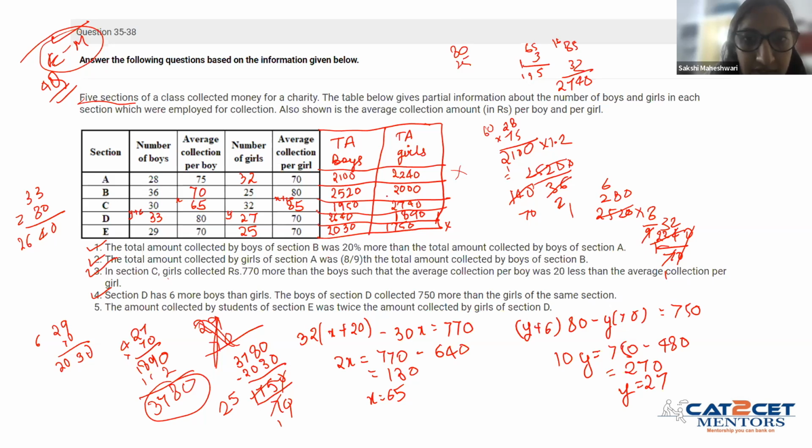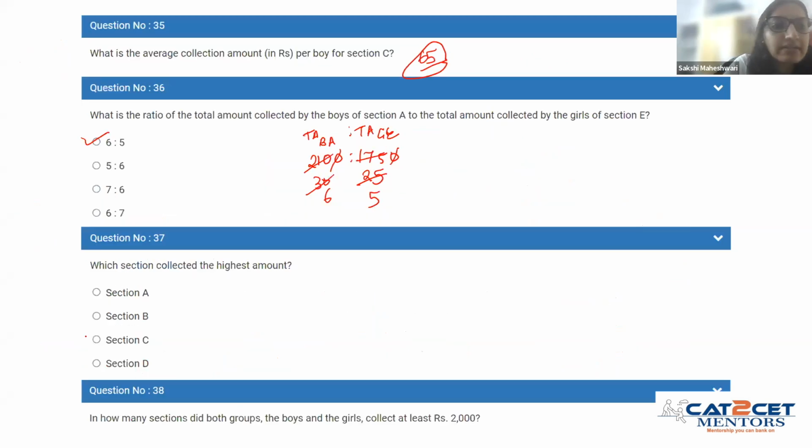So D is more. That means B is out. Now we have C and D. If we compare these two, C is greater. You can easily see this 2740 is greater than 2640, and this 1950 is also greater than 1890. So C is the highest, right?